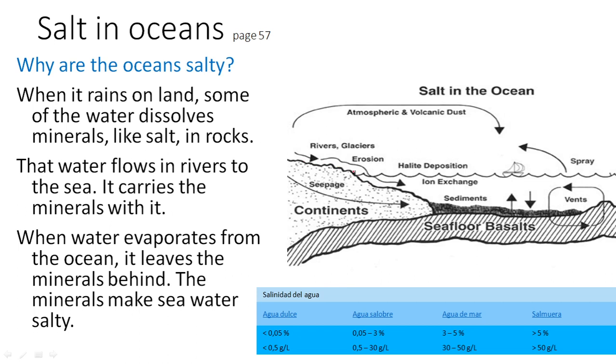So this fresh water in the rivers contains some salt, okay? This salt is deposited in the ocean. All the rivers coming from the continent leave some salt in the ocean and it accumulates.